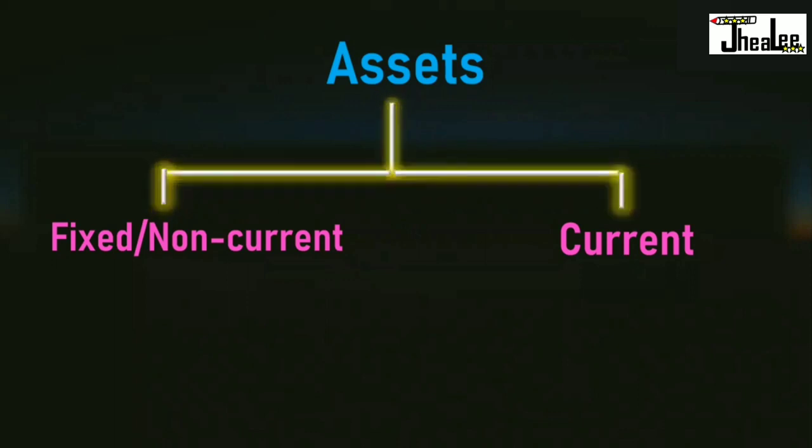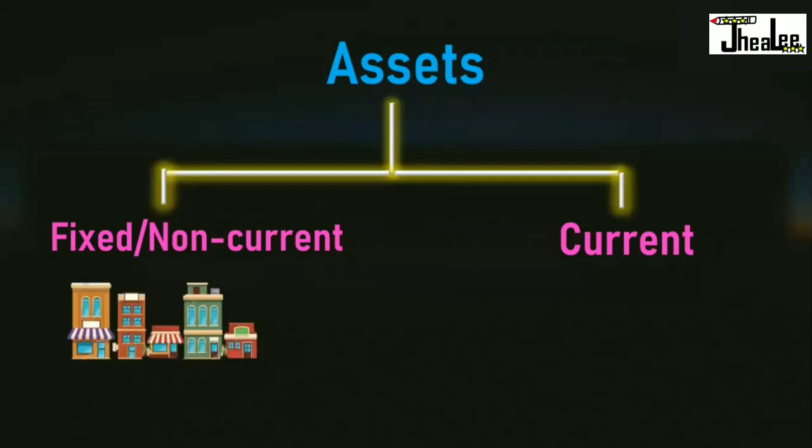Now, earlier we looked at some examples. How would you classify those examples into fixed and current assets? The first one there that we have is building, and building is a fixed asset. Definitely, it would have a long life in the business, so therefore it is fixed.